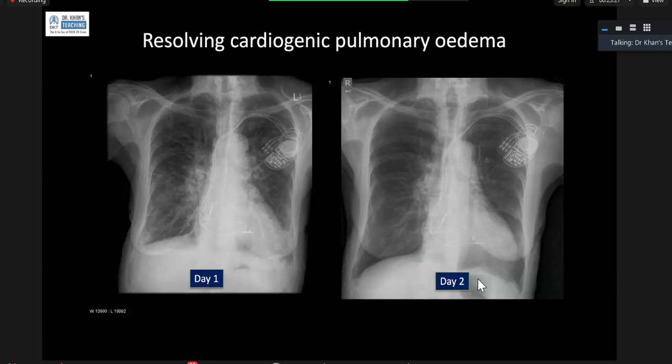Alveolar bat wing edema, again, responds quickly. The lungs clear off because the fluid is removed quickly with the treatment. Whereas consolidation due to any other cause like an infection or a hemorrhage takes time to clear. Cardiogenic pulmonary edema immediately resolves. So that again shows that this is cardiogenic.